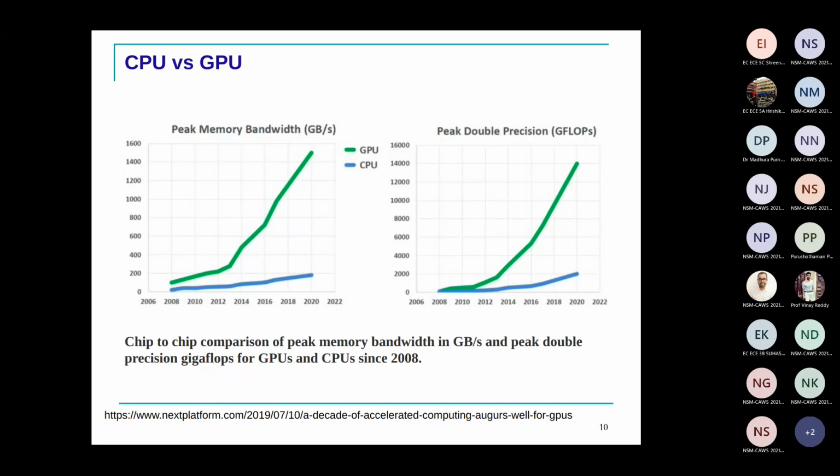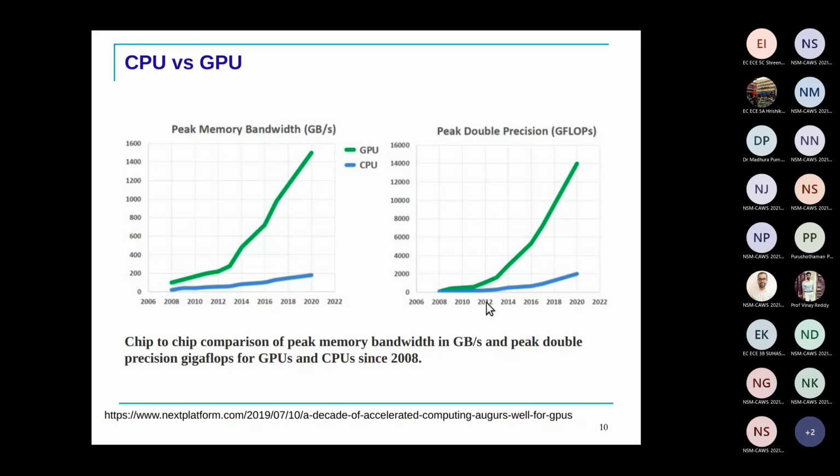GPUs and CPUs are different. You can see this graph. On the left-hand side, I'm showing you the memory bandwidth. On the right-hand side, I'm showing you the performance in terms of giga floating point operations per second. Over the years, from 2016 to 2022, you can see that the GPU memory bandwidth has been increasing very significantly.